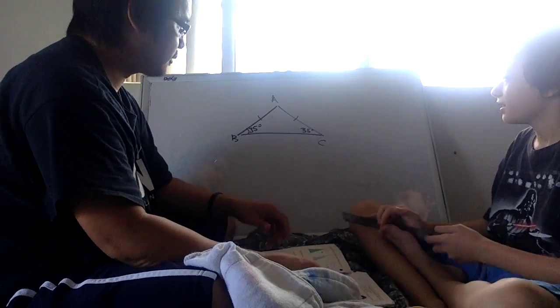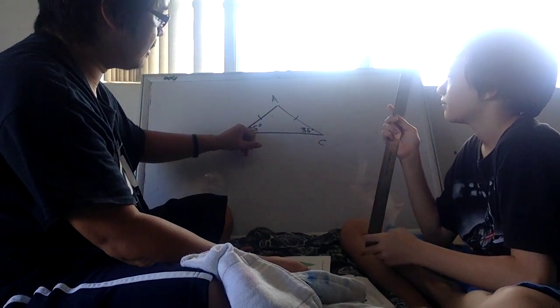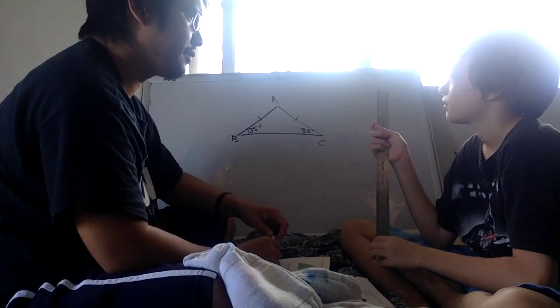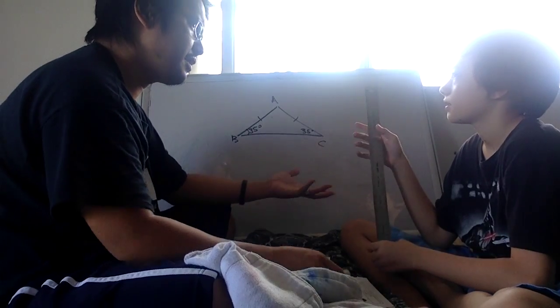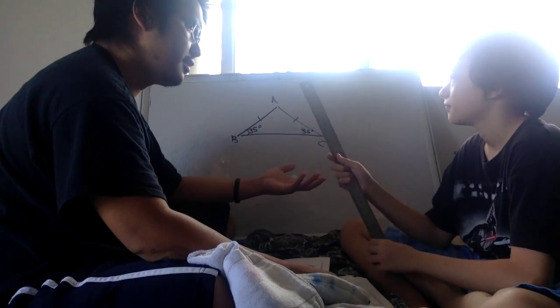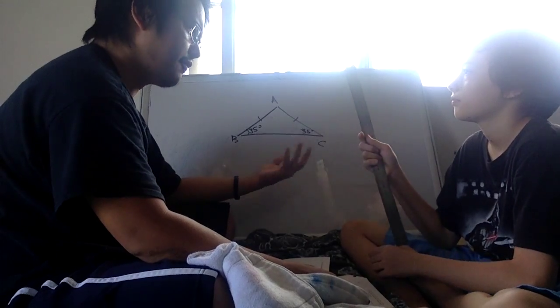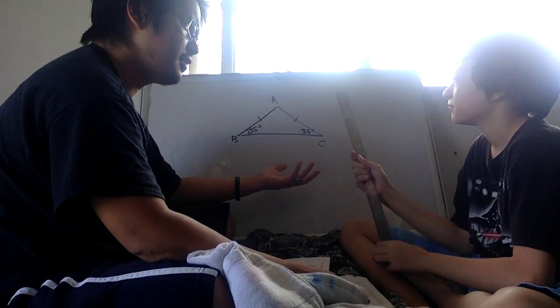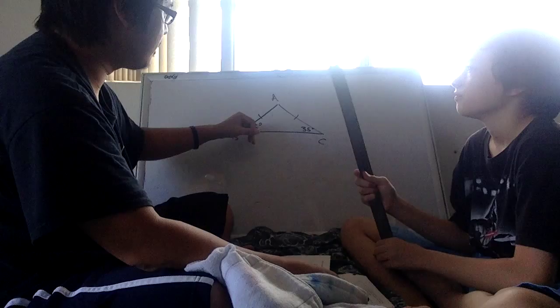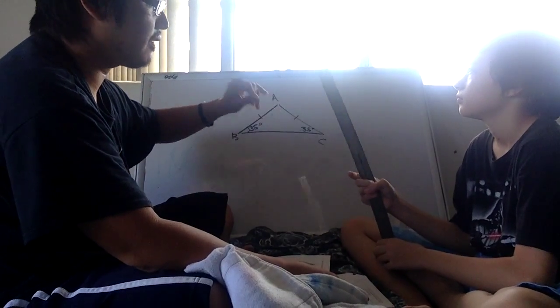And that one is, I don't know. Well, we know that, what is 35 plus 35? What's 30 plus 30? 60. And then 5 plus 5 is? 10. Okay, 70. So we know that this is 70. So what does this have to be?